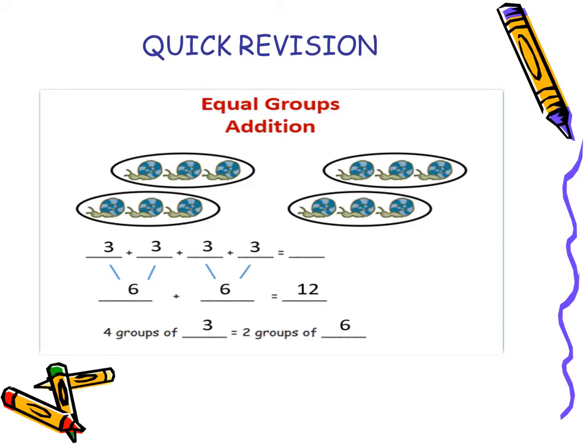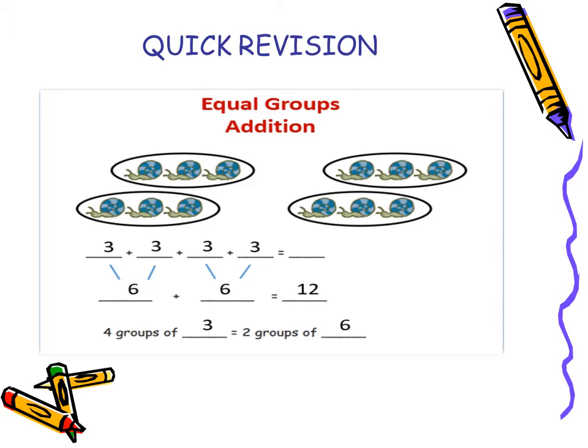The number of objects in a group will remain the same while the number of groups can increase or decrease. So here we can see 3 snails in each group with 4 groups. So 1, 2, 3 and 4. We will write 3 four times.